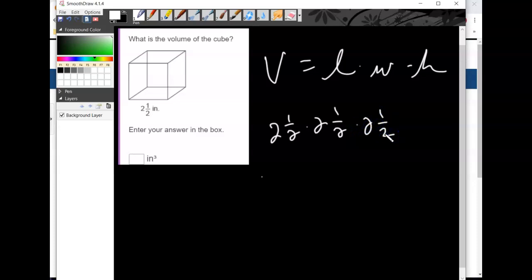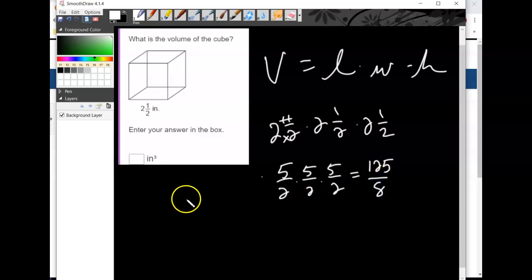When multiplying fractions, it's best to turn them into an improper fraction first. 2 times 2 is 4, plus 1 is 5, so that's 5 halves times 5 halves times 5 halves. 5 times 5 is 25. 25 times 5 is 125. 2 times 2 is 4. 4 times 2 is 8. So we get 125 over 8.